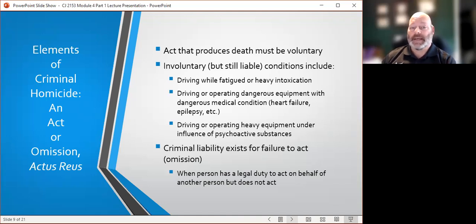An involuntary act can still be liable if conditions like fatigue or heavy intoxication exist, driving or operating dangerous equipment with some type of dangerous medical condition, or driving or operating heavy equipment under the influence of psychoactive substances. Criminal liability also exists for failure to act, or omission. This omission is when a person has a legal duty to act on behalf of another person, but simply decides not to act.